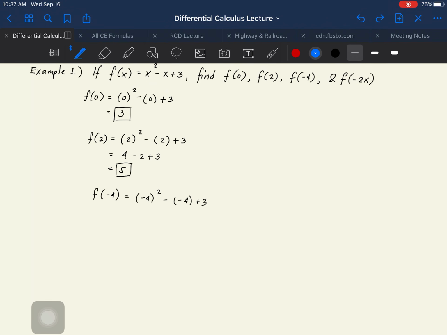So let's continue solving. Now what happens when you square a negative 4? That becomes a positive 16. Unlike what we did a while ago, when it became a negative 16, and that is wrong. So these two here are two different values.